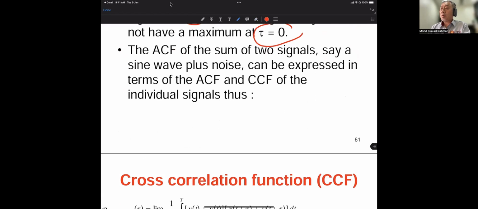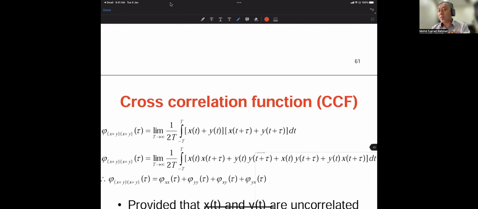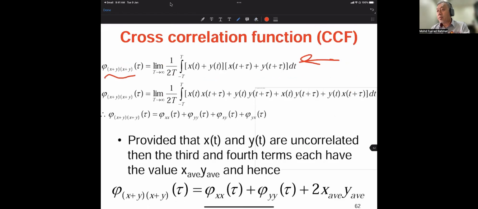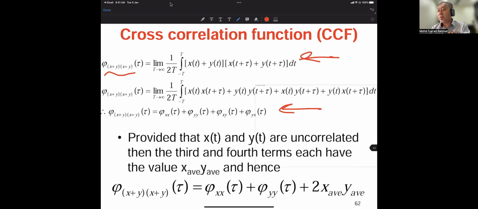The ACF of the sum of two signals, say a sine wave plus noise, can be expressed in terms of the ACF and CCF of the individual signals, as shown here. You have psi x plus y of tau, applied into the mathematical equations of the CCF, and then you simplify the equations.